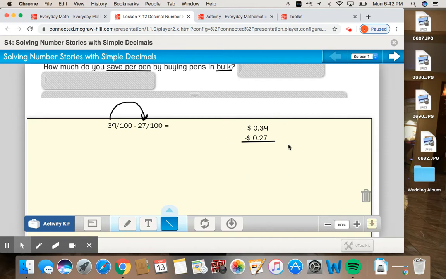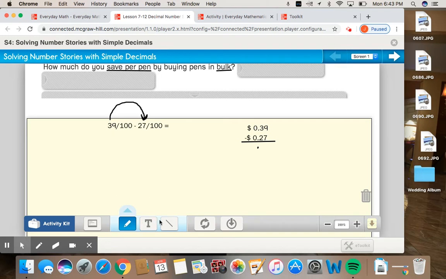And if I do it this way, just want to make sure when you subtract decimals, you want to make sure your decimal point is lined up perfectly. Decimal point, decimal point, decimal point. You should be able to connect them, one straight line.